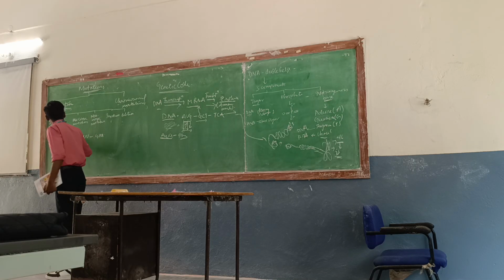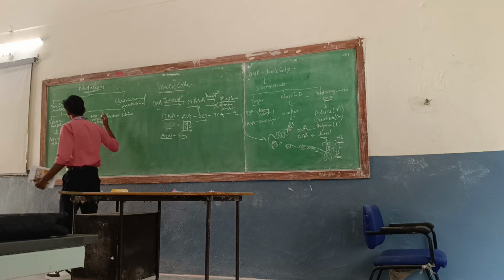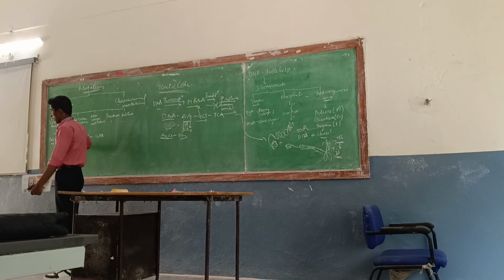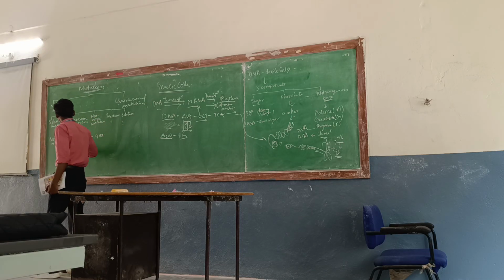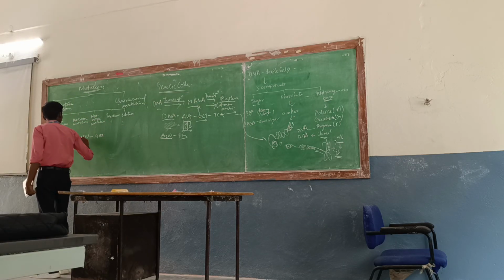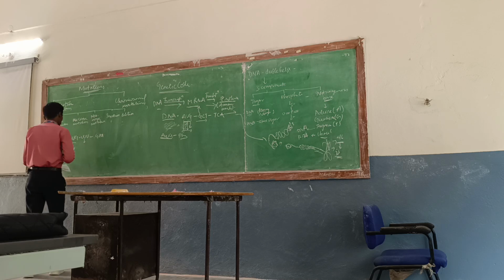For example, here we start reading from AUG. As I told you, this is the start codon. So we started from AUG in the translation process.